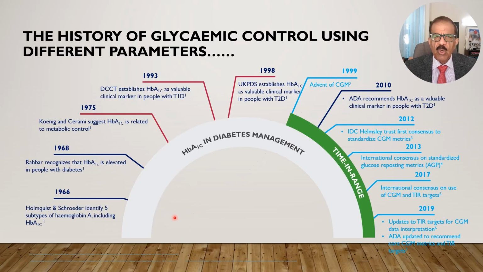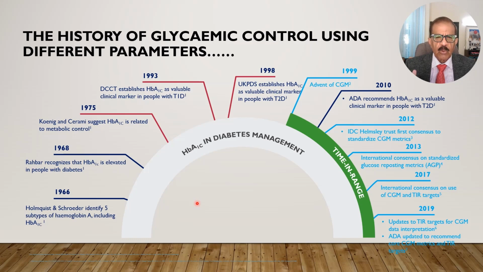So the history of glycated hemoglobin is long. What is glycated hemoglobin? It is actually non-enzymatic binding of glucose with the beta chain of hemoglobin A. Now, it is irreversible binding, and at any level, it reflects how much glucose you have in the body.